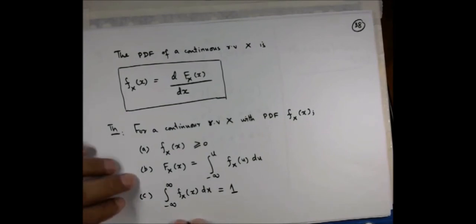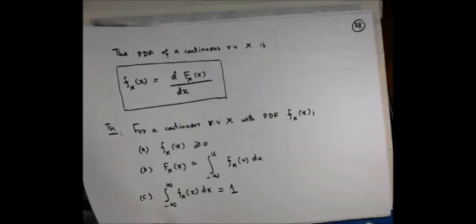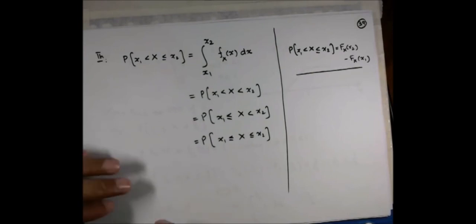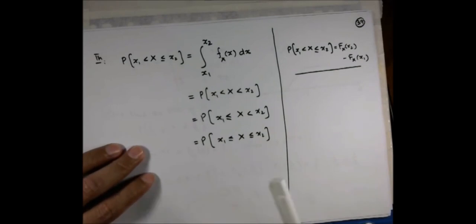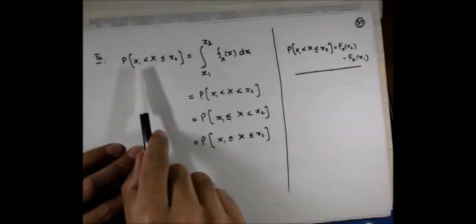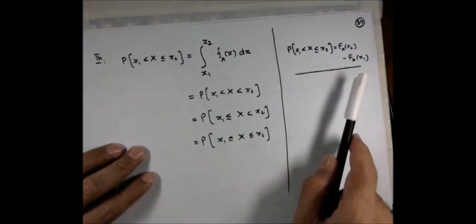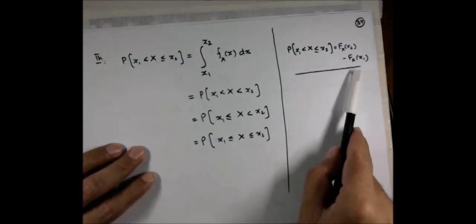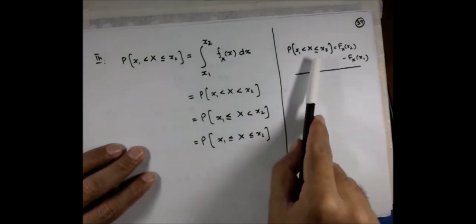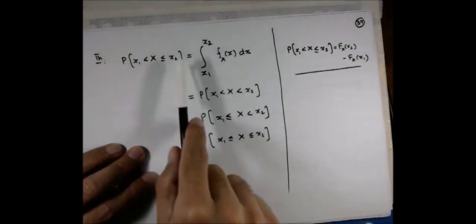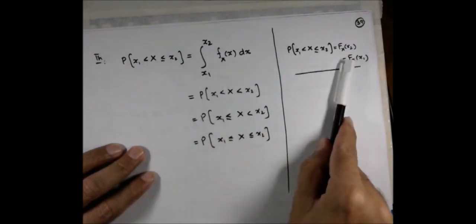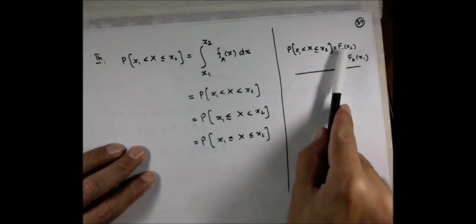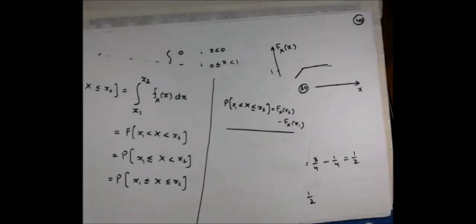These are the three important relations for the PDF of a continuous random variable, and we also noted that if we have both the expressions of CDF and PDF for a continuous random variable available, we can find the probability of some meaningful interval, and my recommendation was that you must utilize the expression of CDF to find the probability of a meaningful interval. If you have both of these expressions available for CDF and PDF, it is recommended that you utilize the expression of CDF.